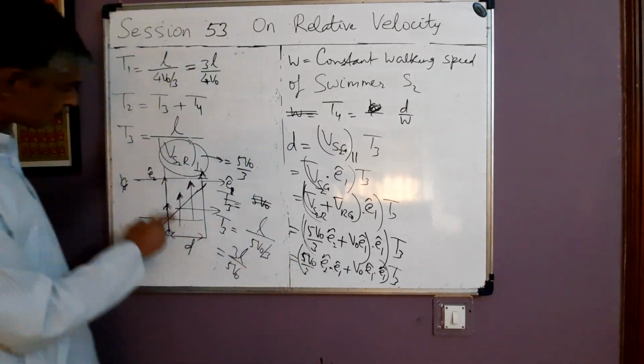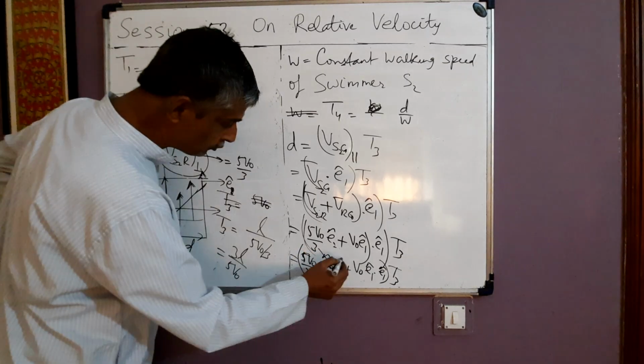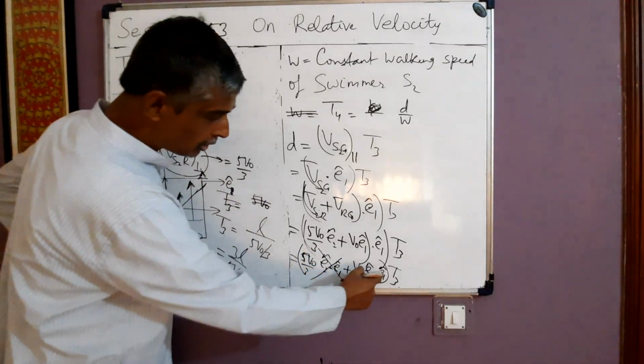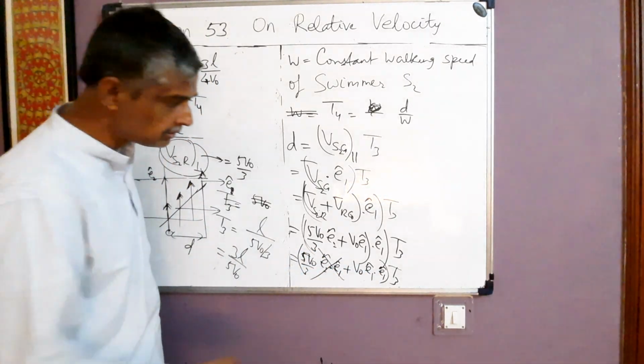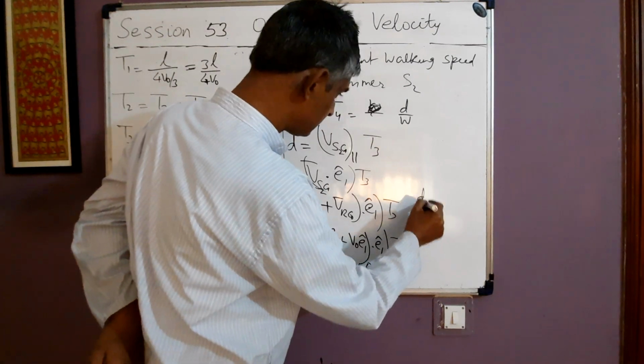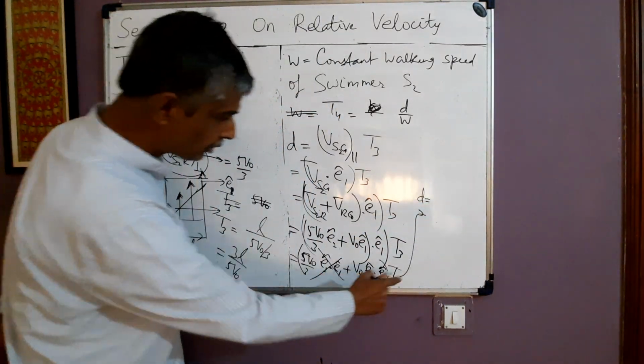Now e2 and e1 are mutually perpendicular unit vectors, so their dot product is 0, and e1 dot e1 becomes 1. So D is just equal to V0 T3.